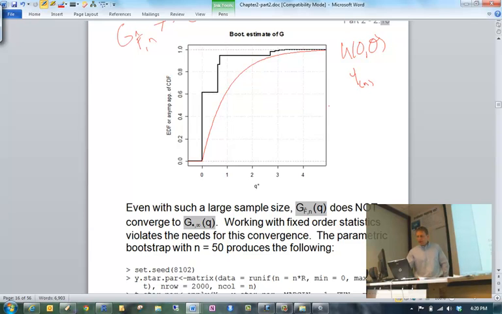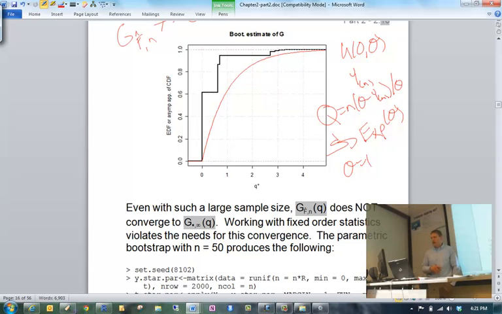In this kind of a case, one could show that Q equals n times theta minus y sub n, divided by theta, converges in distribution to an exponential 1. I'm sorry, exponential theta. We let theta equal 1 just so that we had an actual numerical value for our actual example that we did in R.